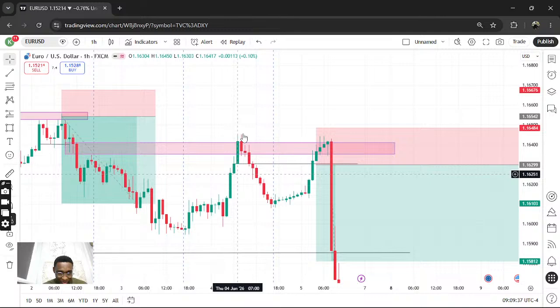Okay, and now because I'm expecting a bearish movement on Friday, I expected this is the accumulation. Let me just show you something. You see this?